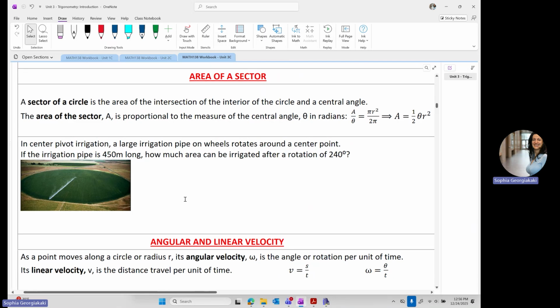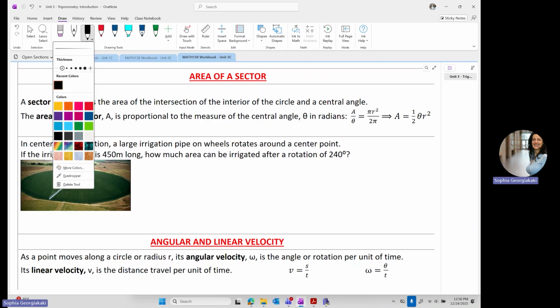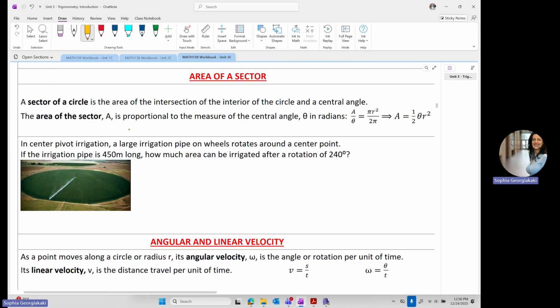So here is an example. In a center pivot irrigation system, a large irrigation pipe on wheels rotates around the center point. If the irrigation pipe is 450 meters long, let me get us a color that we can see. Okay, so this is the center, this is the pipe.